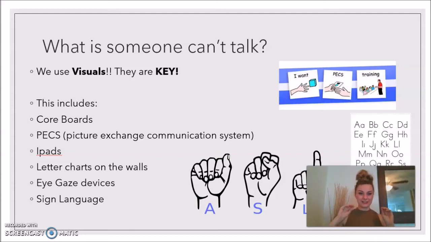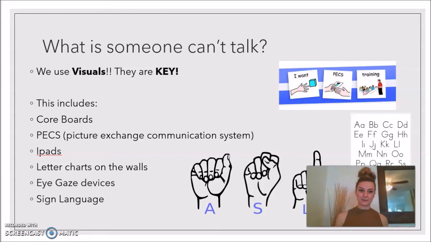So visuals are things that, of course, include your gestures, but it also includes sign language, so ASL, core boards we use with our kiddos, and I have a bunch of core boards that I made for you guys as well.